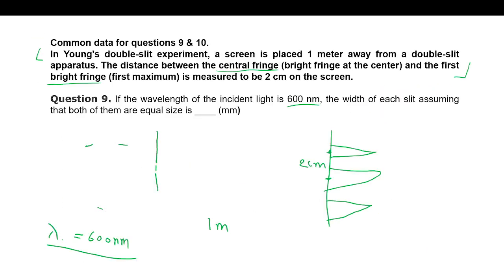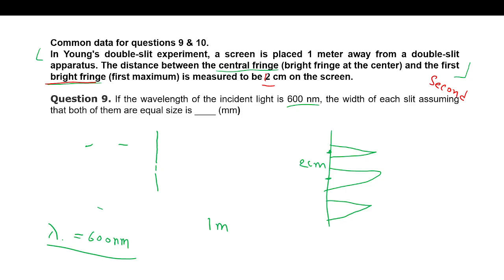We have discussed this. The first bright fringe is at 2 centimeter. Suppose we have the second bright fringe at 3 centimeter.